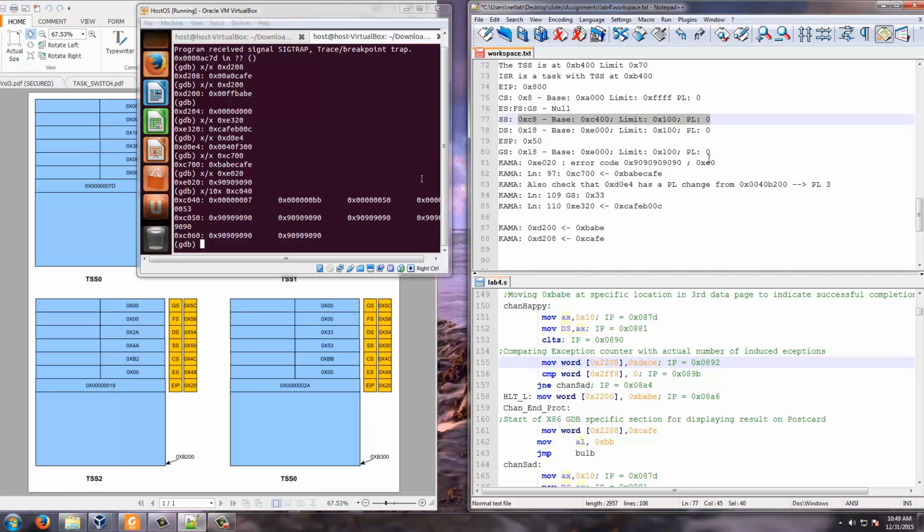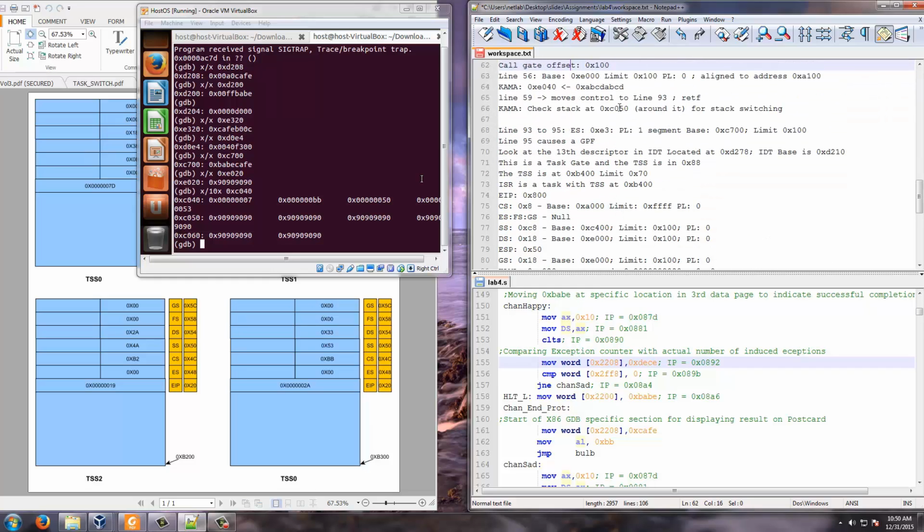So when we switched when the interrupt service routine was at task 0, please note on your right hand side I am showing this 0x68 stack was used, though the process which created that interrupt was a PL3 process, but this is actually using a PL0 stack.